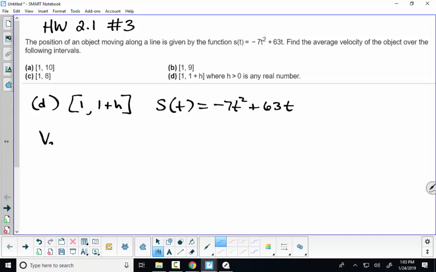Recall that the average velocity was given by the slope between those 2 points. So we're just looking at the change in the position. So we're evaluating s of 1 plus h minus s of 1, and then all over 1 plus h minus 1.